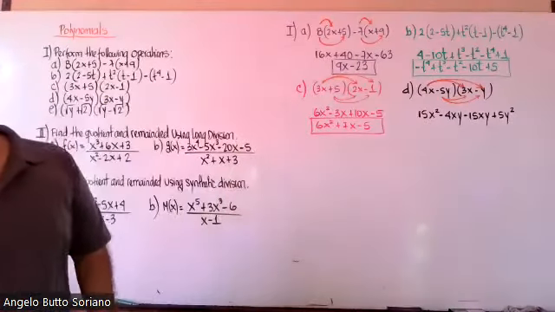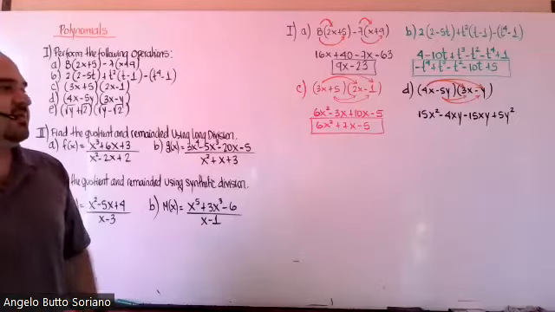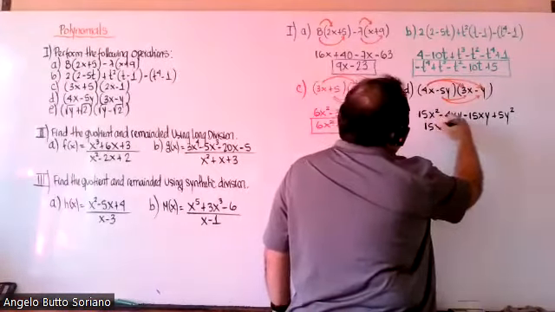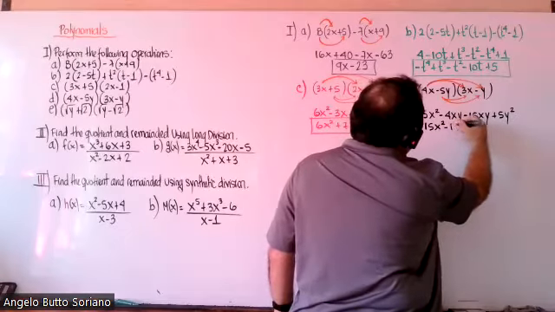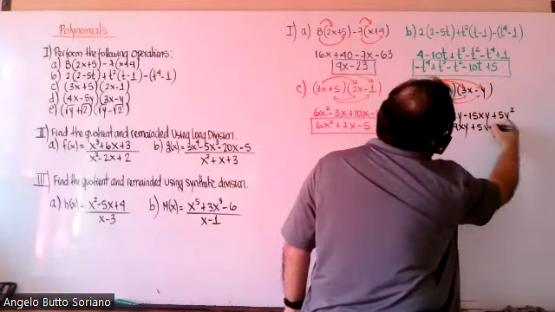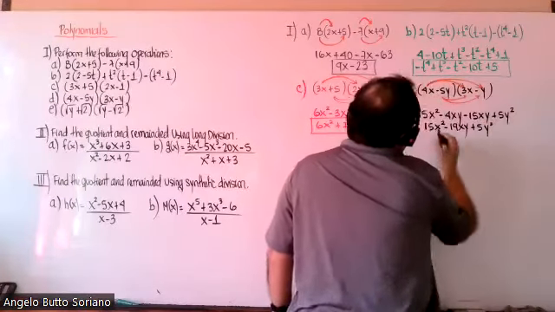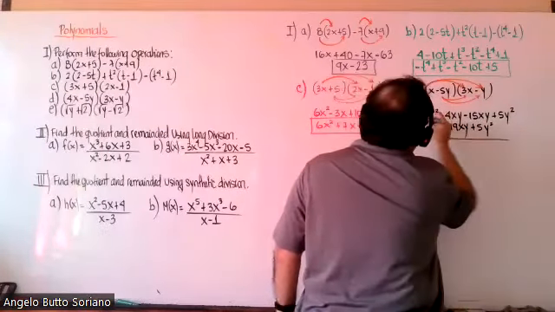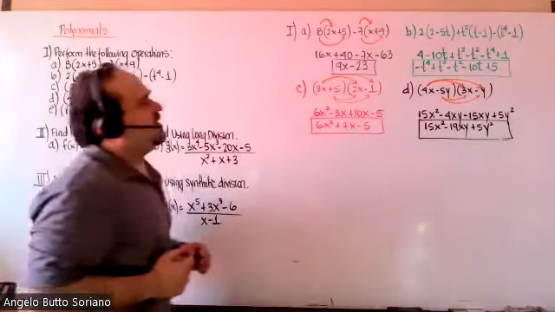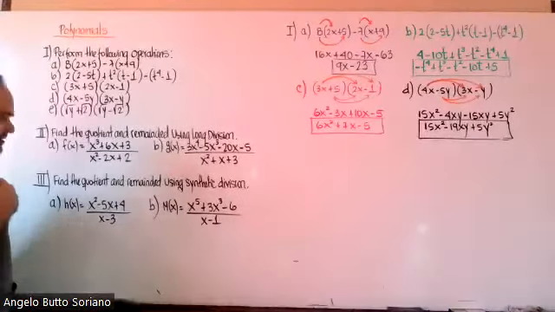And where will the like terms be located? The numbers in the middle. And the answer will be 12x squared minus 19xy plus 5y squared. Okay? And this is going to be the answer for the letter D.